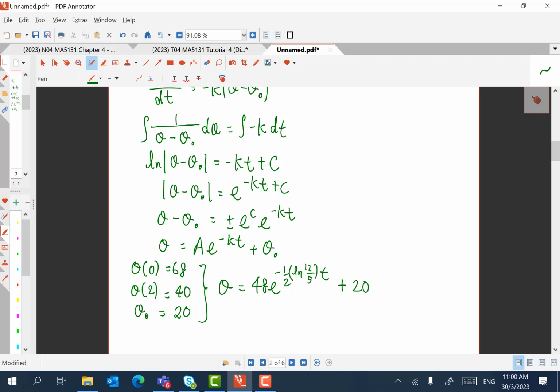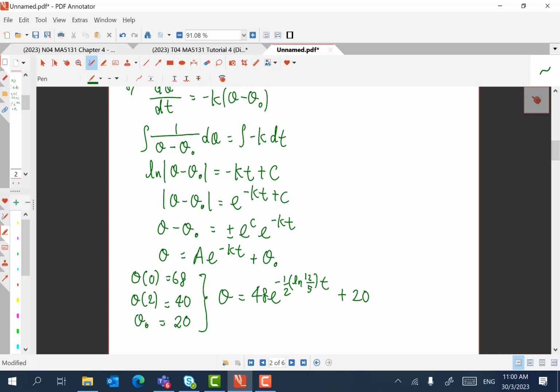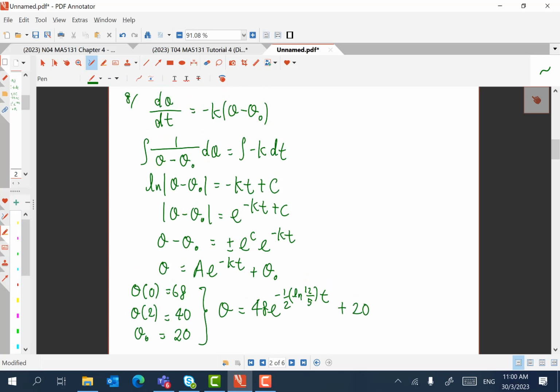Okay, now to show the working, first and foremost, let's use this condition. Theta naught equals 68. At this juncture, your theta is A e to the power minus kt plus 20.